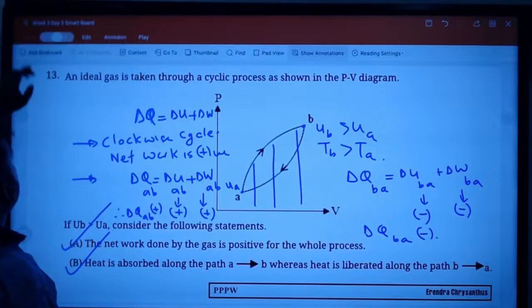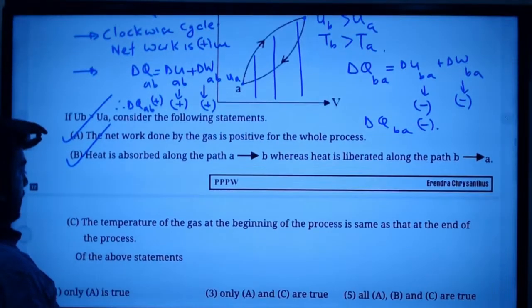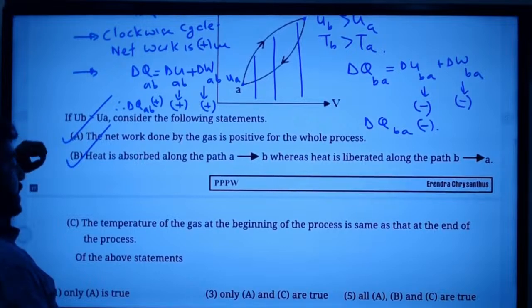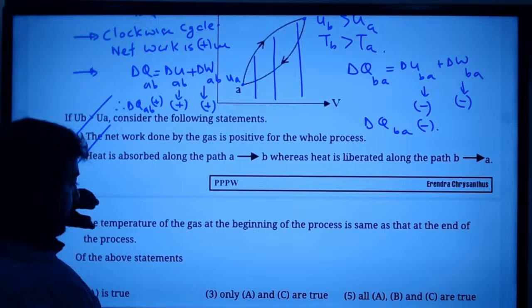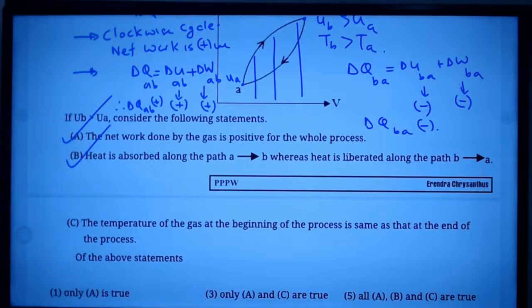Now look. Third statement: the temperature of the gas at the beginning of the process is the same as at the end. What can you say? Beginning and end both are same.